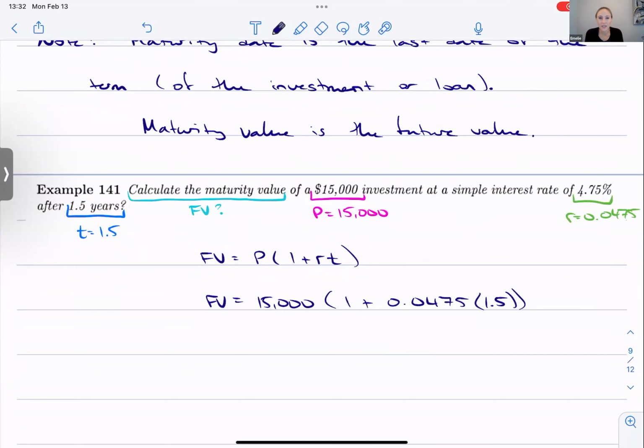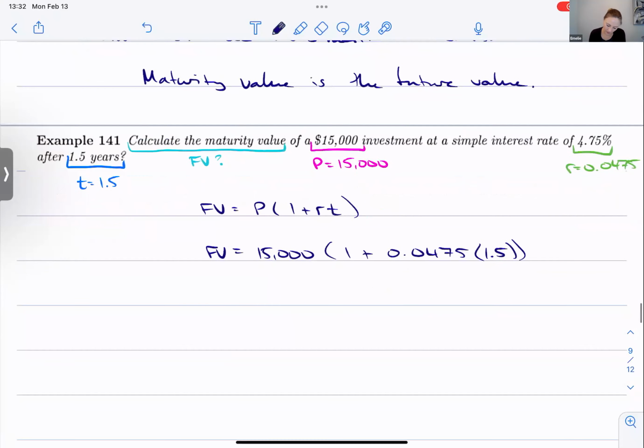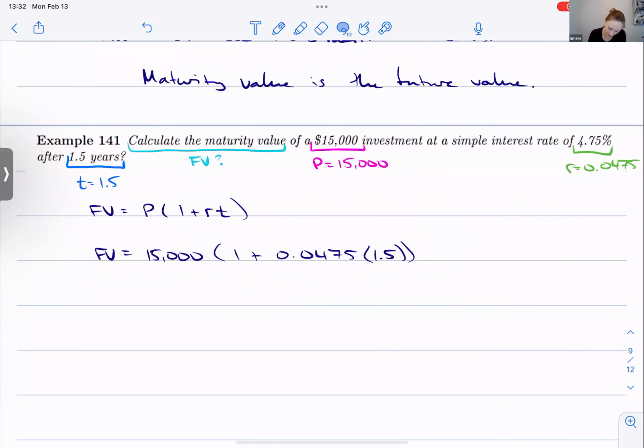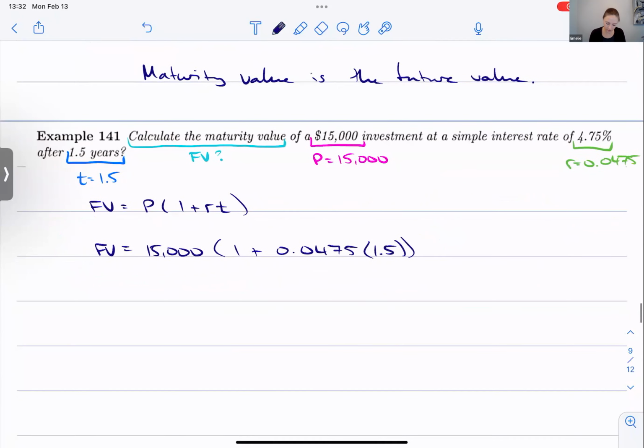Be really, really careful with your order of operations here. You have to multiply these two first, then add it to 1, and then multiply it by 15,000. I'm going to show that painstakingly step by step, but it's because I need you to do it in this order.